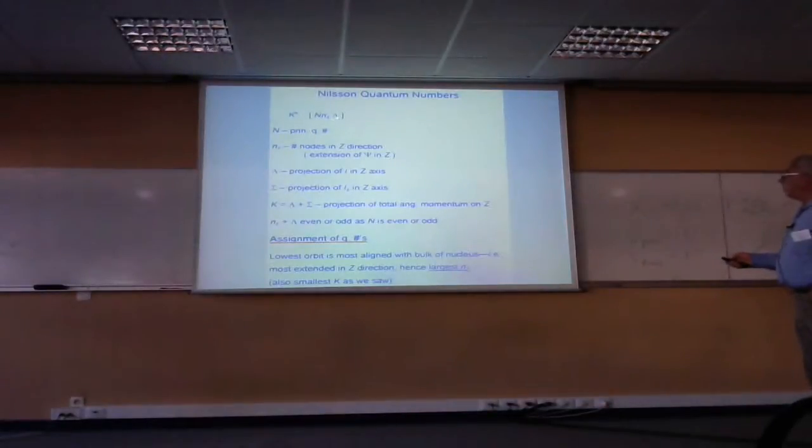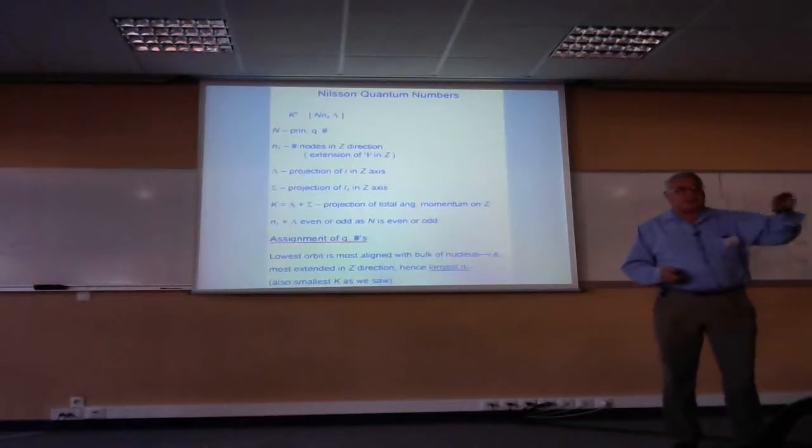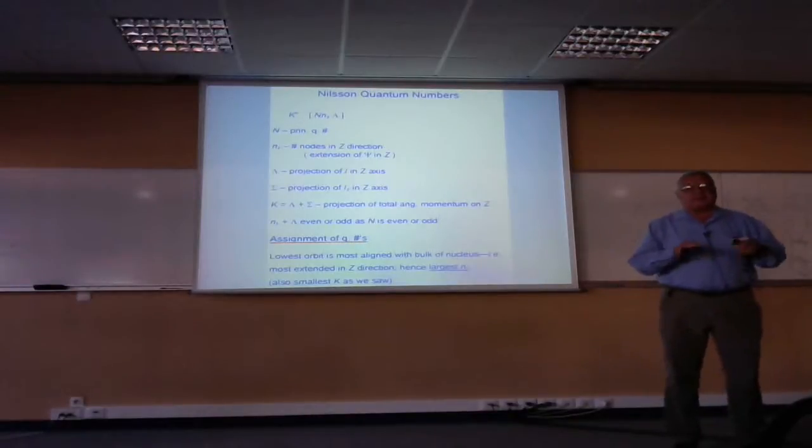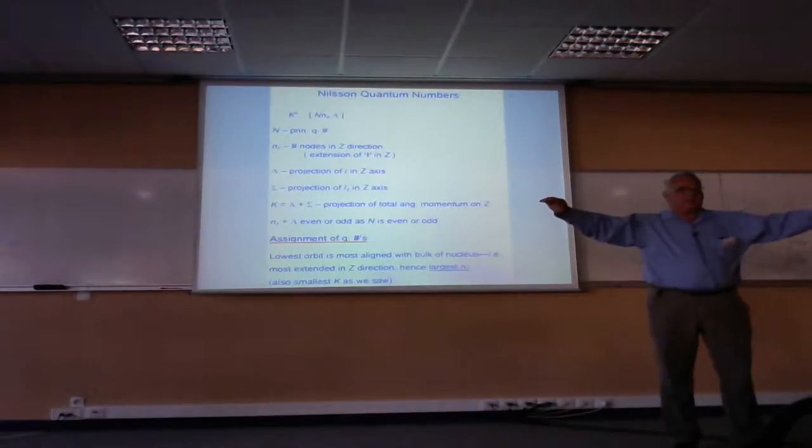Okay, so the second quantum number is in many ways the most important. It's nz. So it's the number of nodes in the wave function on the z-axis, the symmetry axis. And so you can think of it this way. The larger nz is, the more the wave function is extended in the z direction, in the direction of the axis of symmetry. Okay?